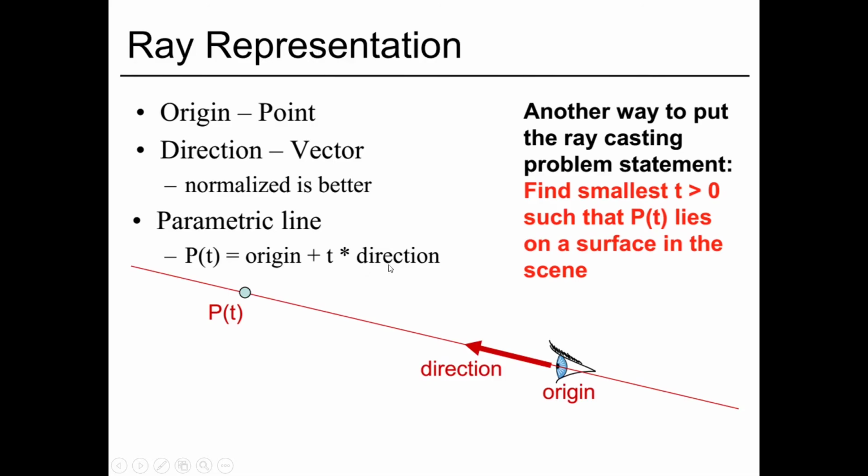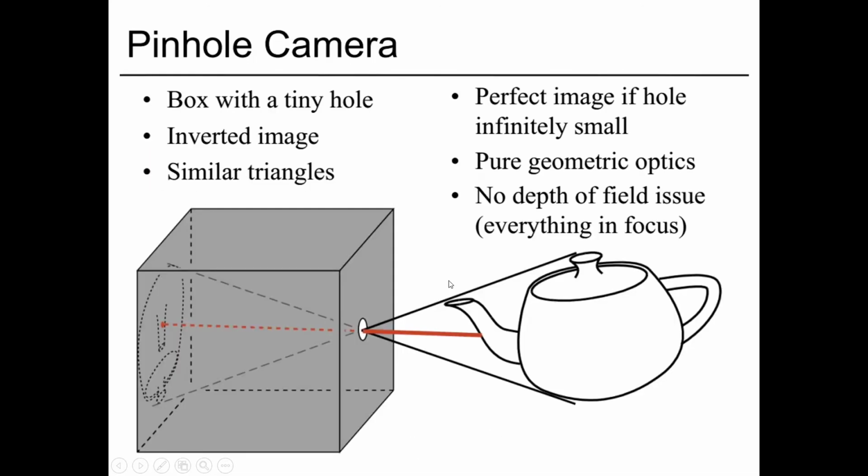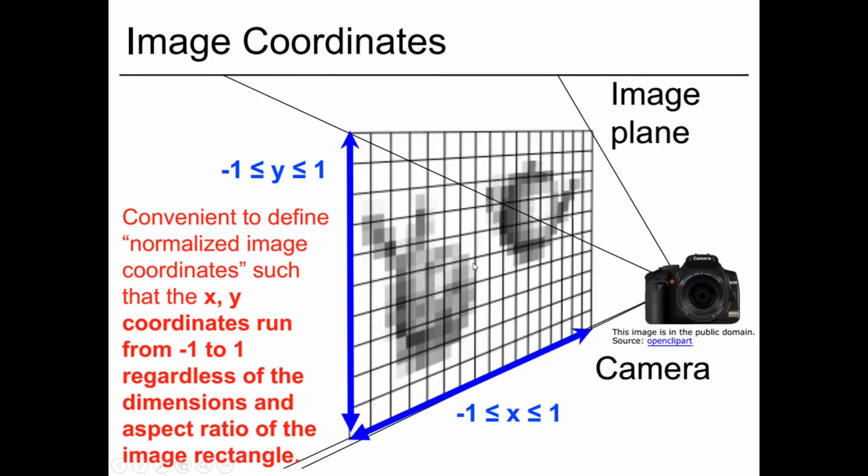This would be the general equation, origin plus t times the direction. We have obtained the direction, the unit vector of r, and the origin here is the camera position, that is E. So since all of the things are known, t is the only parameter here, and based on this we can find the parametric equation of the ray that is passing through that particular point P.